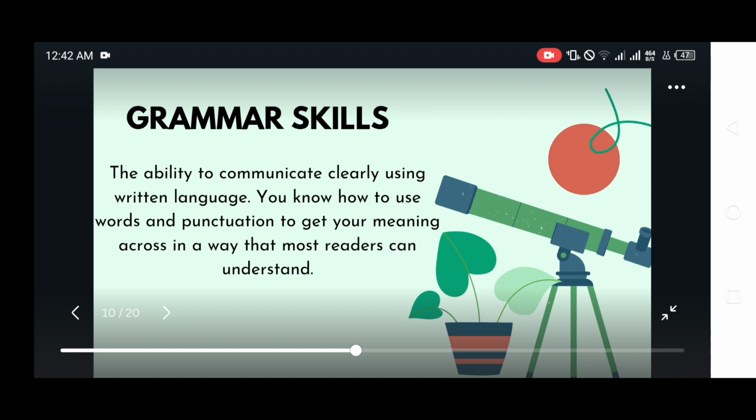Good grammar knowledge enables you as a writer to understand what makes a piece of writing successful, so that it will capture both the interest and understanding of the readers.